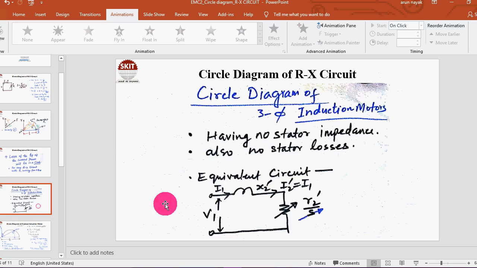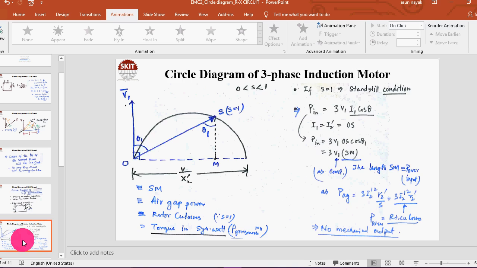The supplied voltage is V1, per phase voltage, so phasor V1 will be represented like this. Then V upon j times x2 dash will be in this direction, that is, it is lagging the V1 phasor by an angle of 90 degrees, and we will get a circle whose diameter is this, the magnitude will be V upon x2 dash.